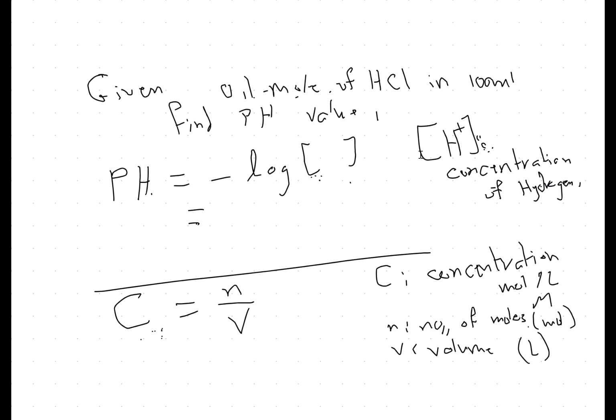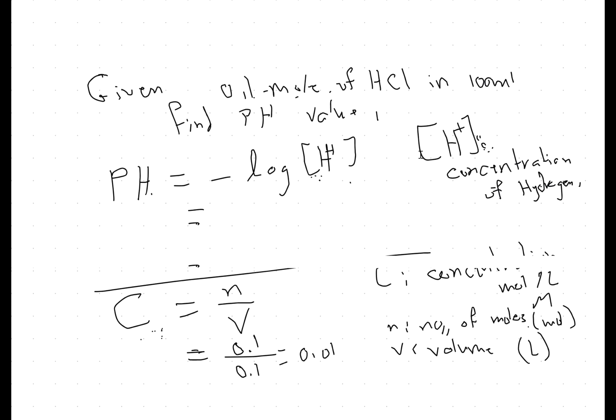So I have to find the concentration first, and then go up and substitute it. Concentration equals the number of moles. How much is the number of moles? It is 0.1. And the volume is 0.1 liter. How much will it be? It will be 0.01 mole per liter.